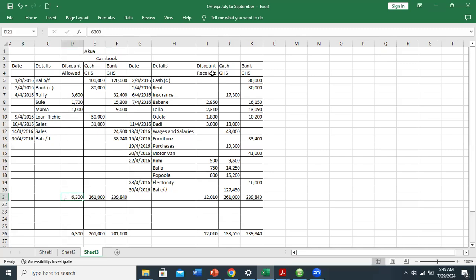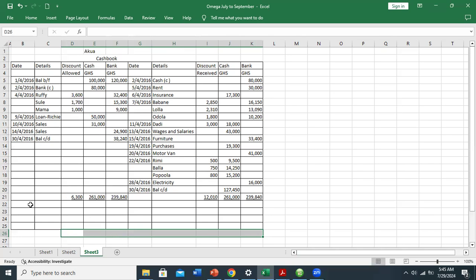Okay, underline that one. So for the discount columns, you only put the total there. You don't do any carry down or brought down. So just total it and put it there, and you are done with it for the discount allowed and discount received.